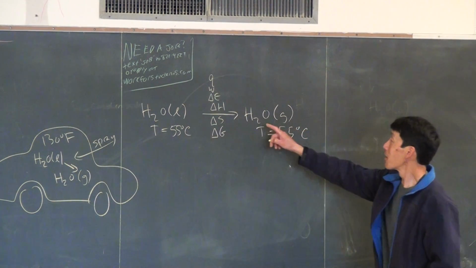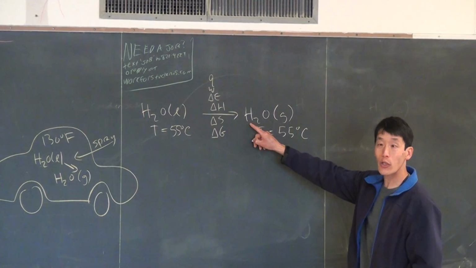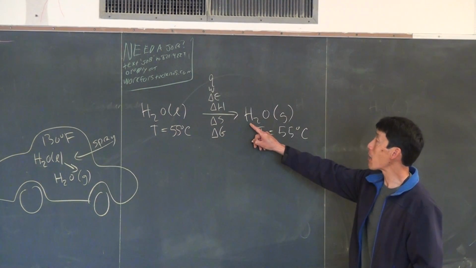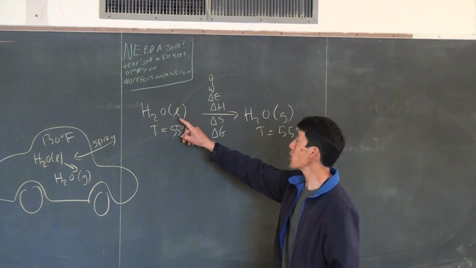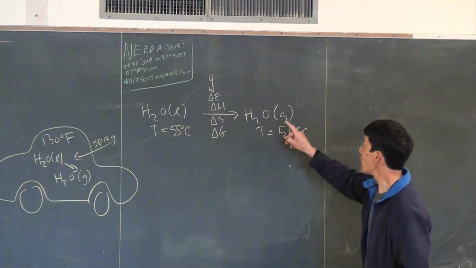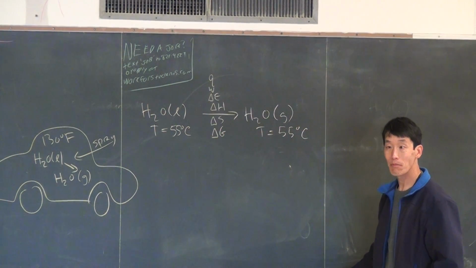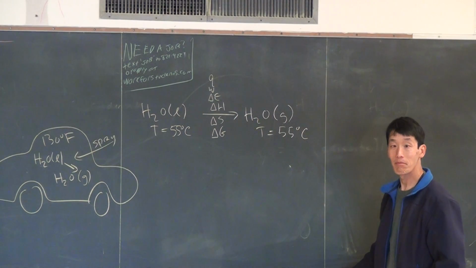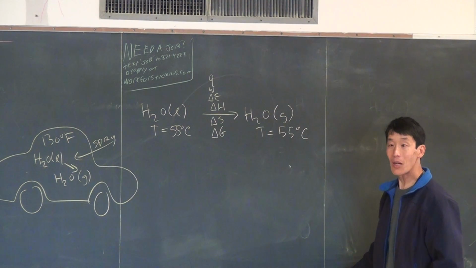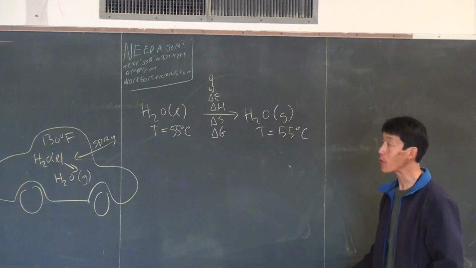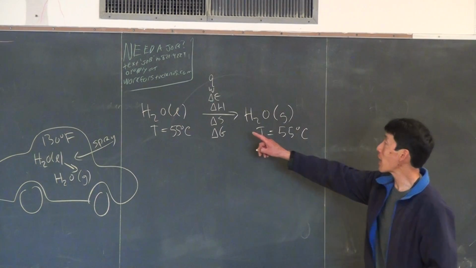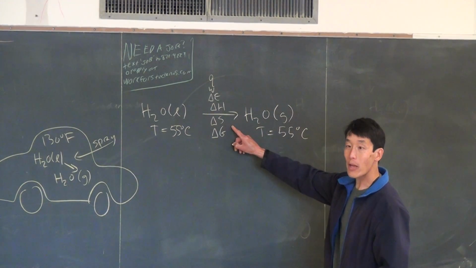Now, when you look at appendix 2 in the textbook, what is the temperature of delta H for formation of liquid water and steam? It's at 25 degrees.